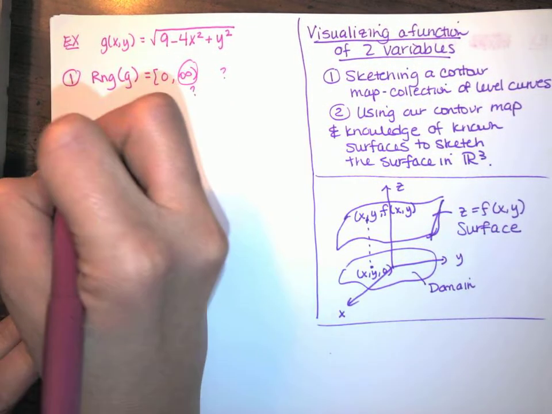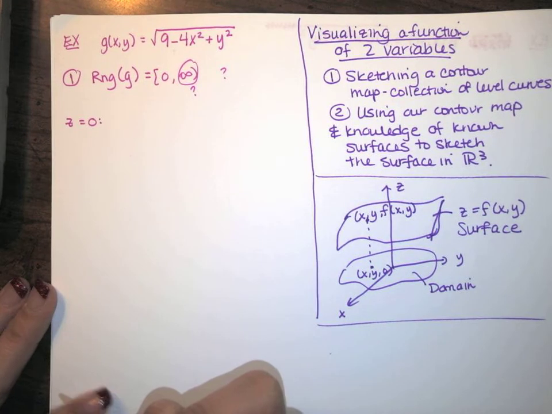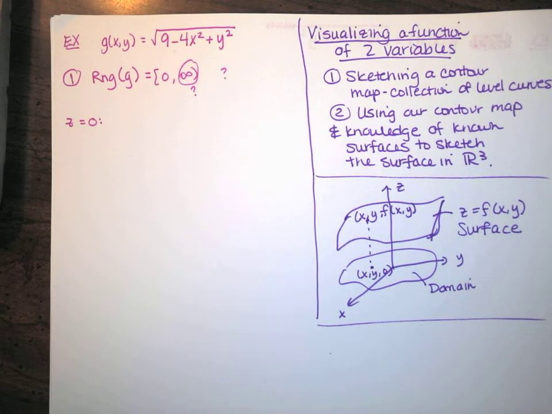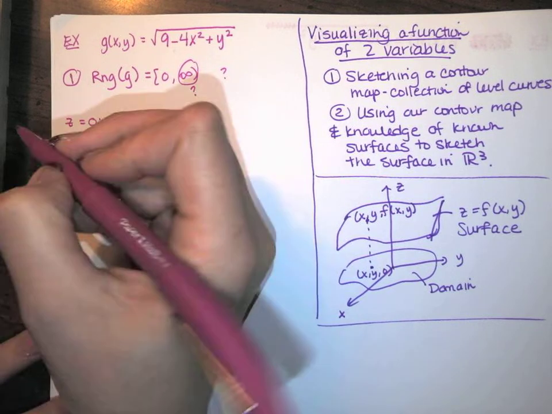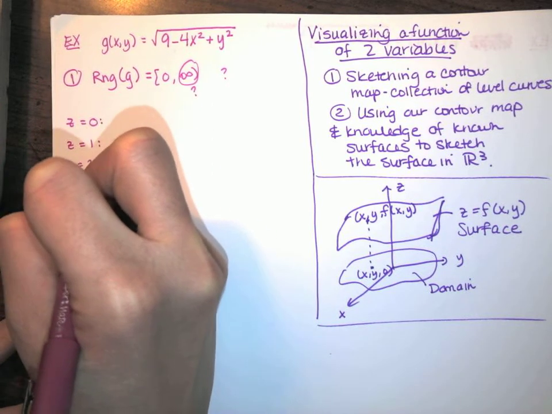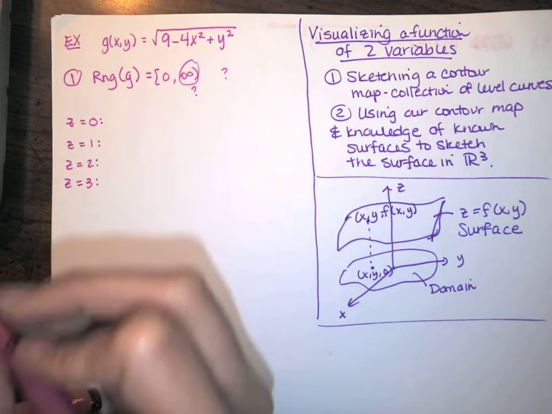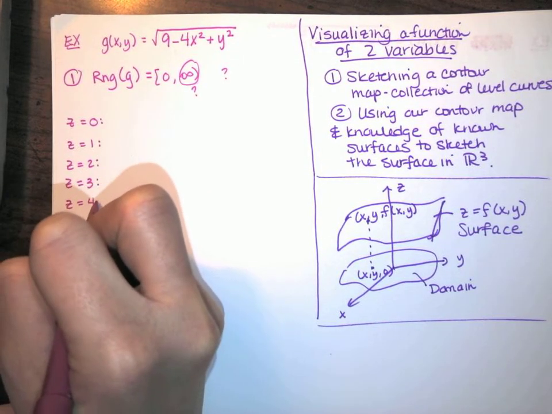So I'll choose z equals 0, and I want these to be evenly spaced so that I get a good sense of how fast that z is changing as it goes from one level to another level. So I'll use z equals 1, z equals 2, and z equals 3, and let's do z equals 4 as well.